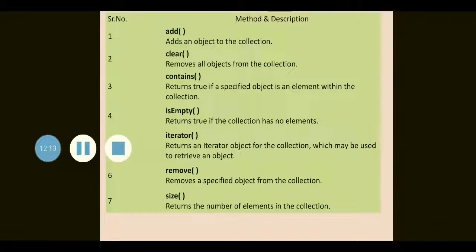So the various methods: similarly, we have the add method in order to add the object onto the collection. Clear method removes all the objects from the collection. Contains of returns true if the particular object is present.